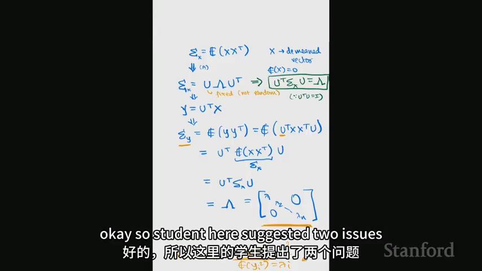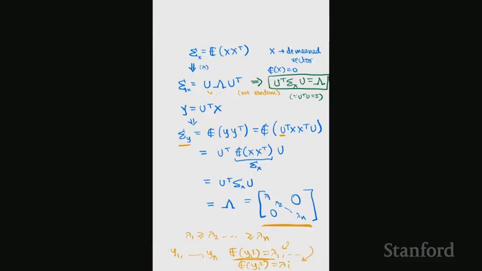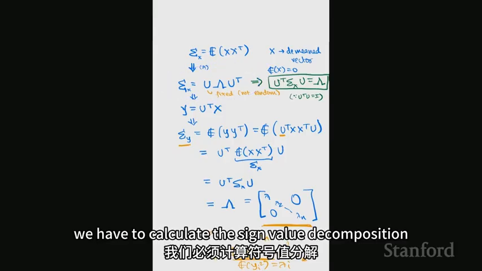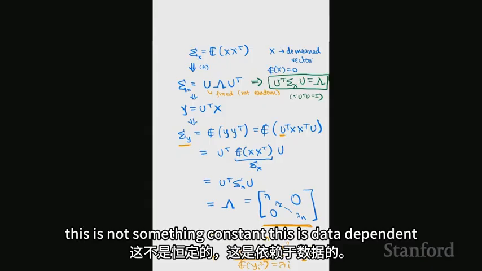Okay, so the student suggested two issues. Issue 1 is we have to do this step, right? We have to calculate this eigenvalue decomposition. And now think about it. This is not something constant. This is data dependent.